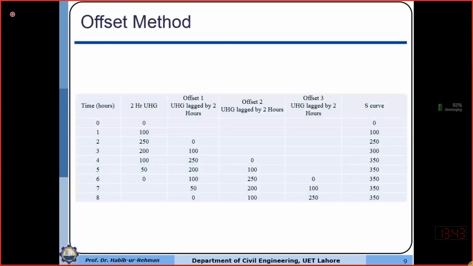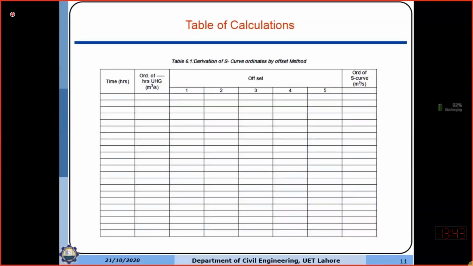Now let me come to the tables. This is the table by the offset method. You have to fill the table given in your manual, completing it for design number 6, and you also have to plot the S curve. The graph is attached on page 56 of the manual.